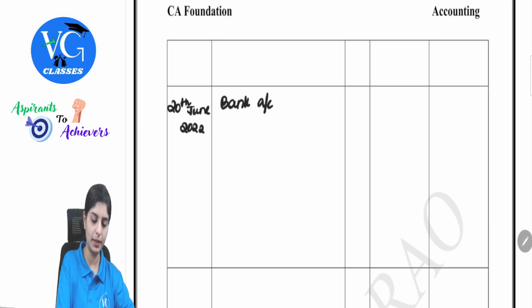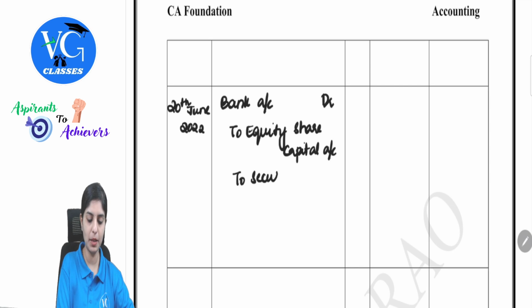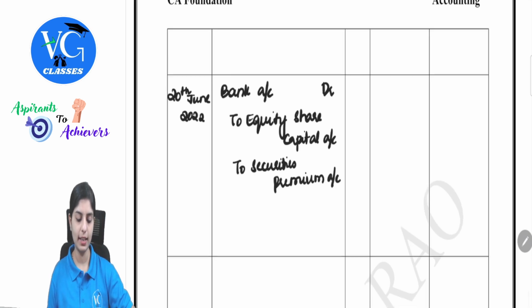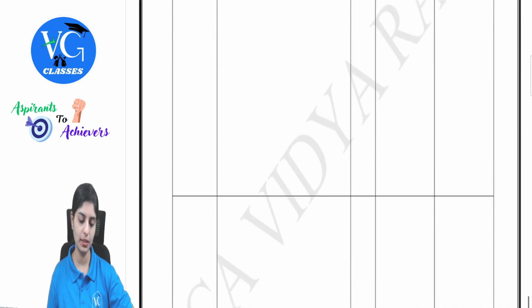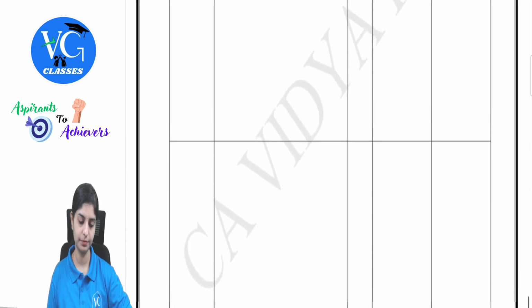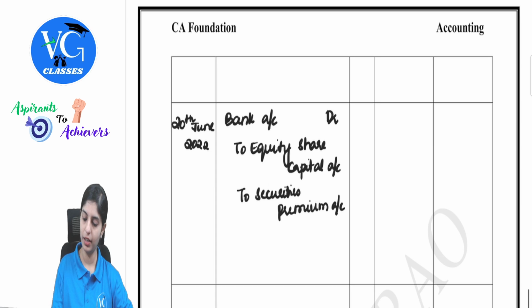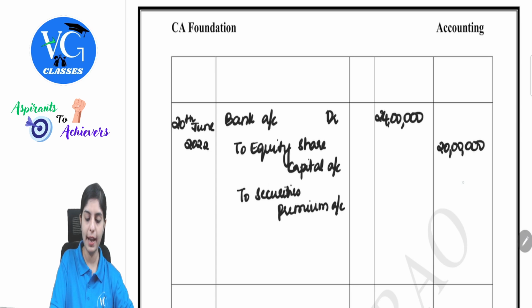Bank account debit to equity share capital account, to securities premium account. 2 lakh is the equity shares issued at 12 rupees. 2 lakh into 12, 24 lakh. 2 lakh into 10 will be 20 lakh. And then 2 lakh into 2, 4 lakh.